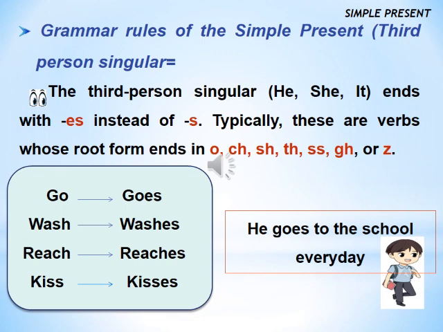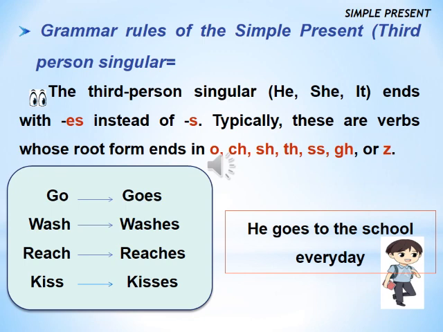In this worksheet, you look at some verbs that end with the vowel O, the consonants S, H, C, H, S, S. You must add ES at the end of these verbs.